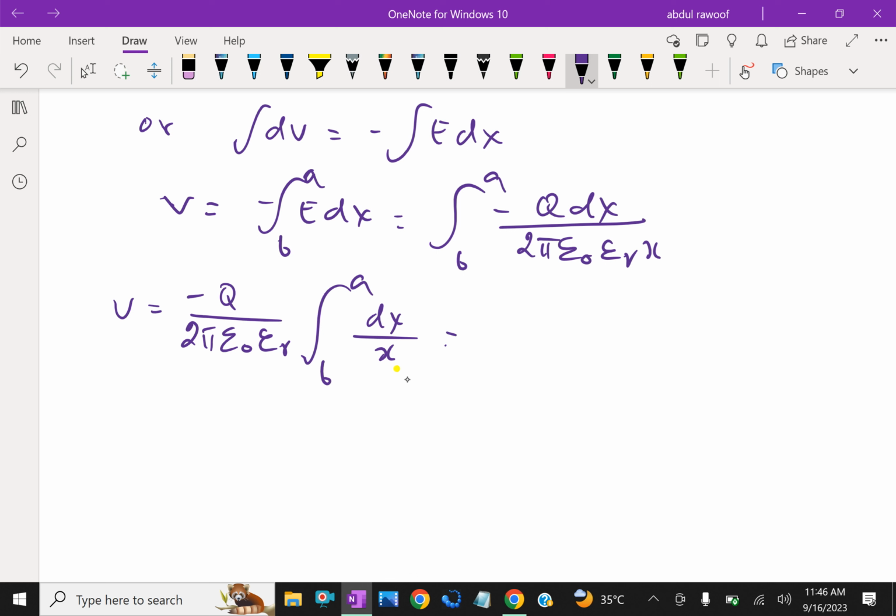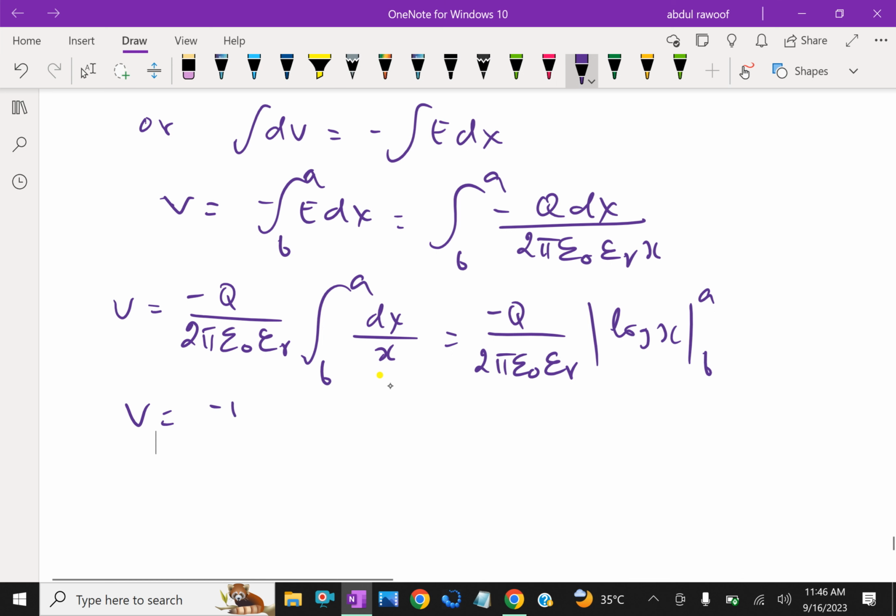Integrating 1 by x gives log x from b to a, so V equals minus q over 2 pi epsilon 0 epsilon r, log, giving the values of a and b, log b by a.